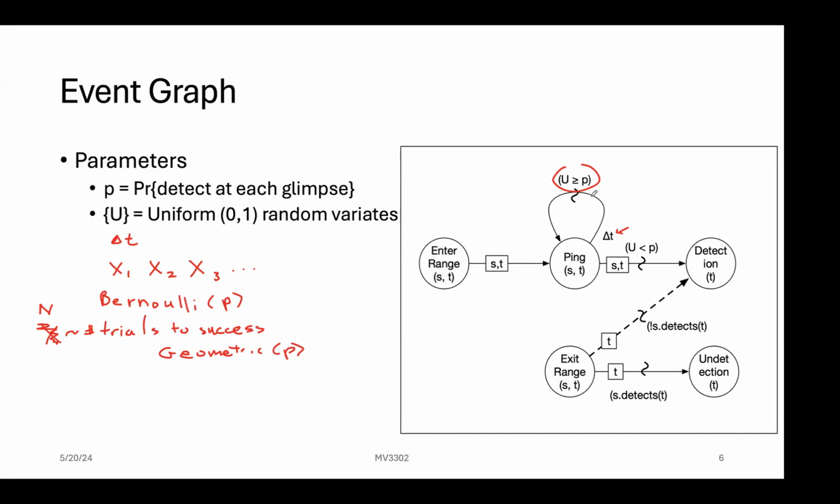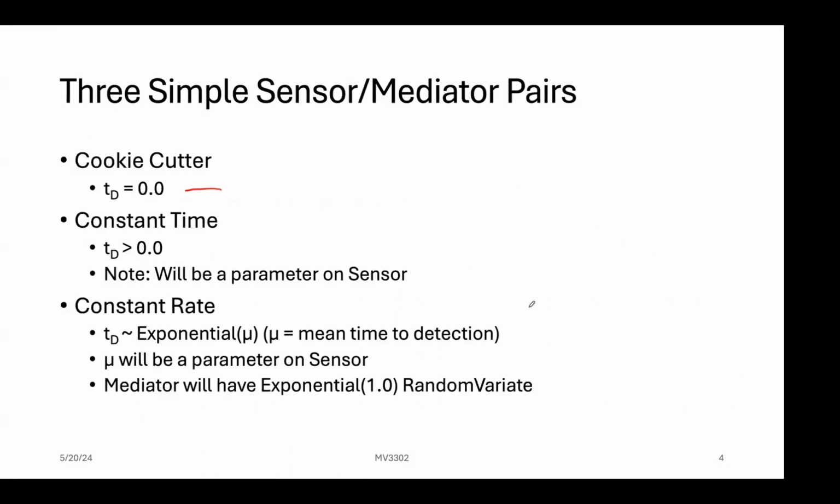If I wanted to do the same thing as I'm doing here, but instead of having an exponential random variable, suppose I use a geometric random variable, and I'm doing it every delta t time units, where n is geometric.